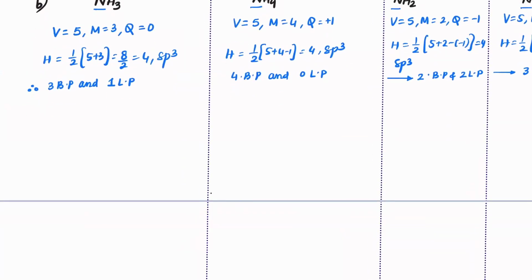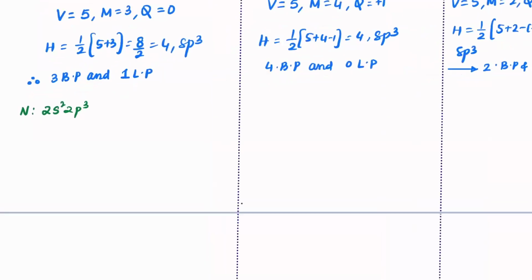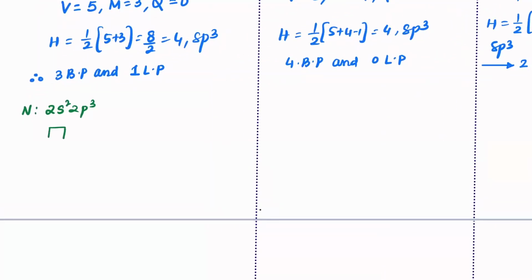Now, what does this mean? Check out. How did this get hybridized? Nitrogen's configuration is 2s2 and 2p3. Now, I want to make a hybridized orbital which has 3 bond pairs to be accommodated and 1 lone pair, which means we have 2 electrons here and we have 3 electrons here.